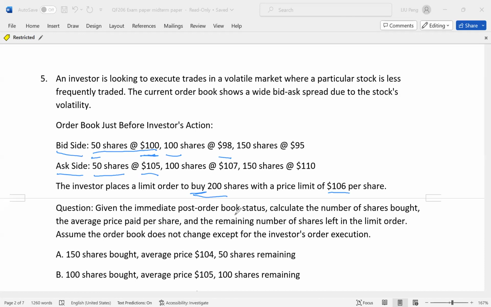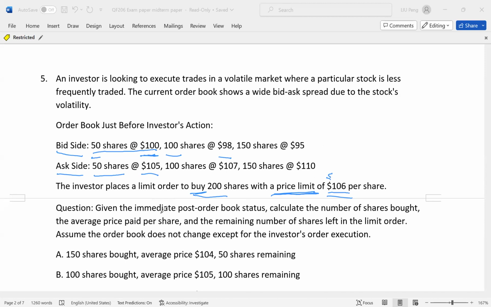And this is a limit price, so I'm only going to transact at a price less than or equal to this limit. If it satisfies, transact; if not, do not transact.